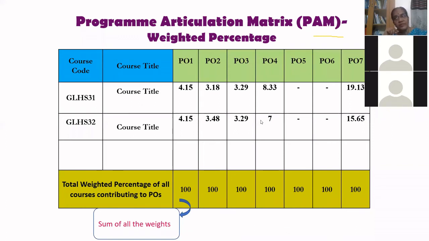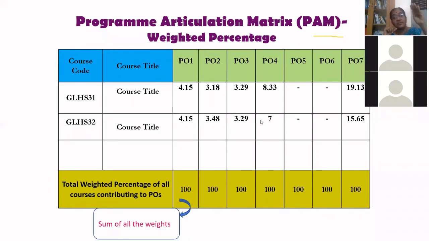For all the programs, first you put the weight table. From that you have calculated the total. From the total, we have gone back to the course articulation matrix and calculated that particular row. After calculating that row, we again form a new matrix called the program articulation matrix. There we have to copy the weighted percentage of all these courses.